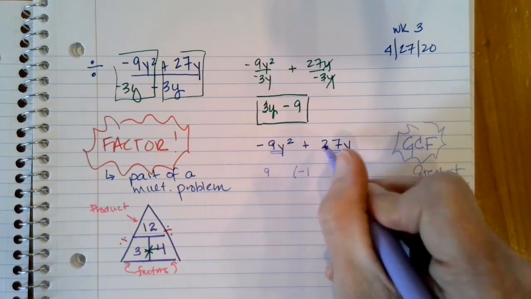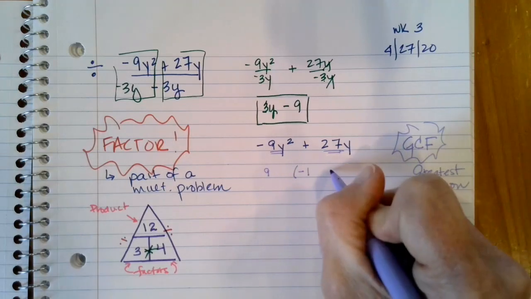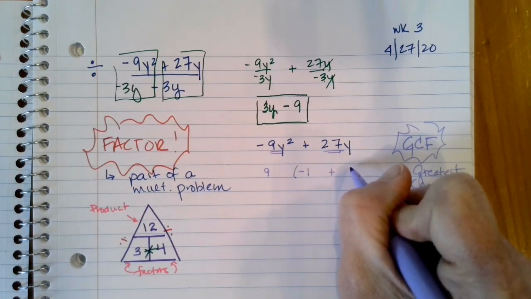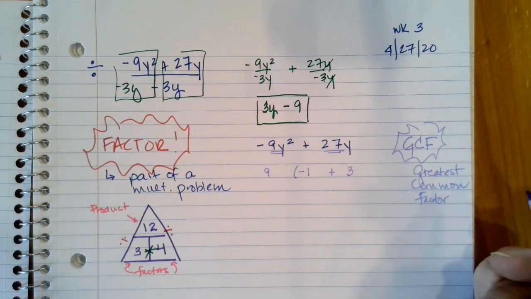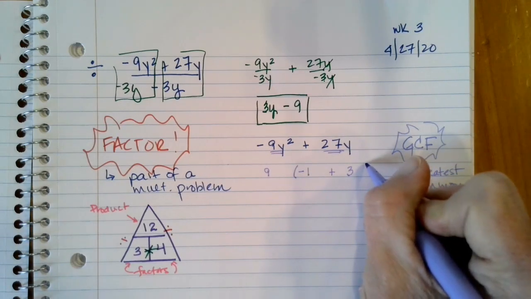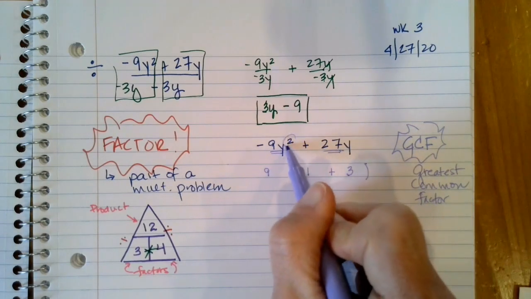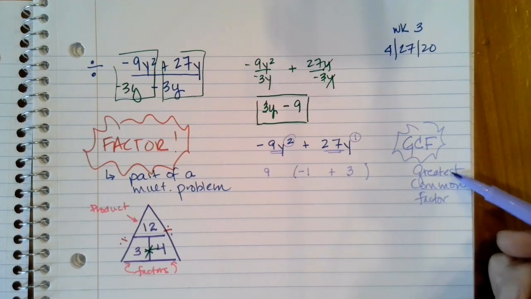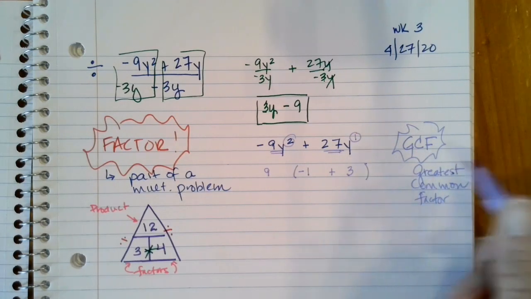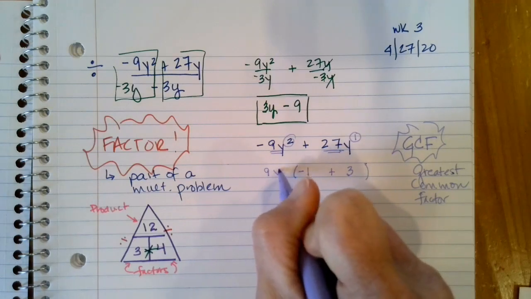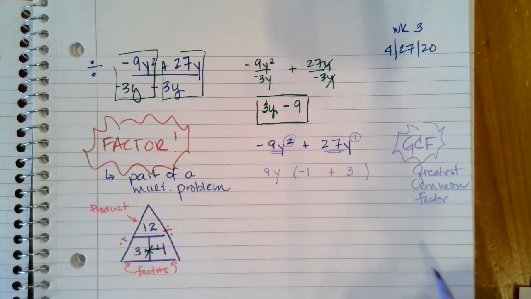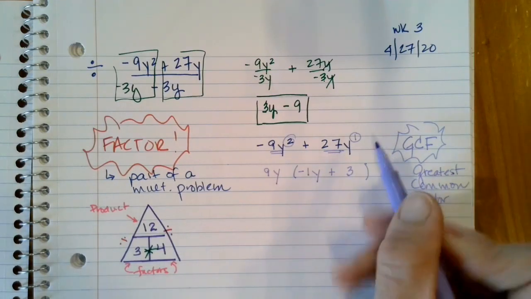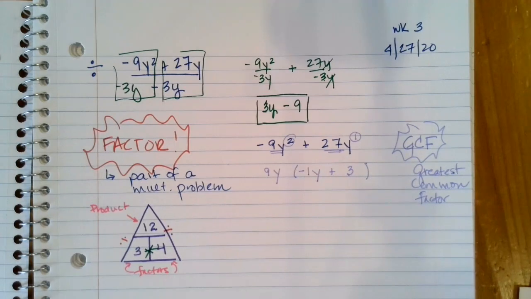When I pull 9 out of 27, I'm going to get a 3. Now let's look at our variables. I have 2 y's here and 1 y here. The greatest number I can divide out of both is going to be 1 y. That's going to leave me with 1y, because this one was divided out.